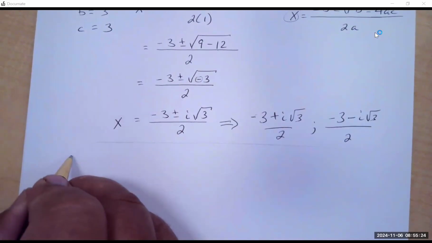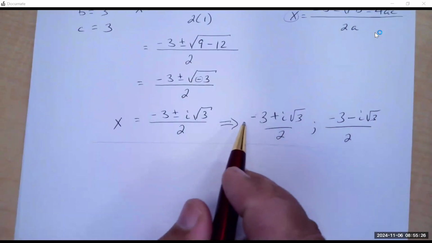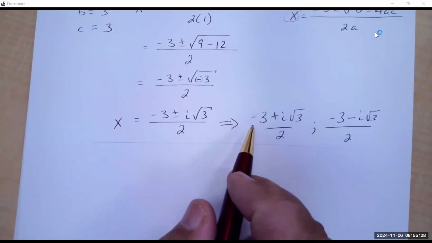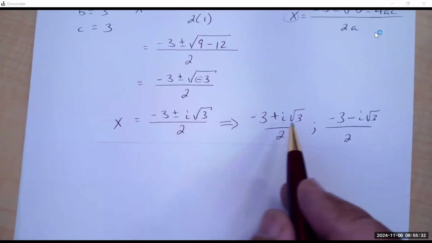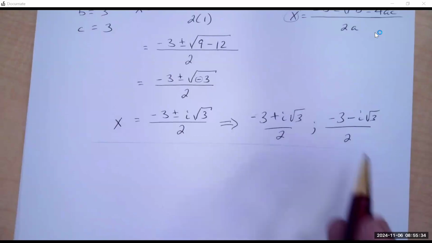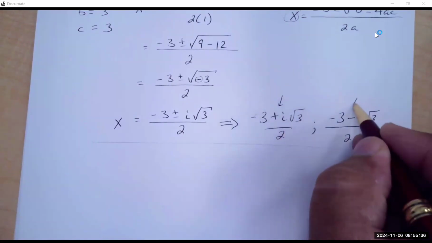So we know our answers can be imaginary, but it's important: these are complex conjugates. The sign between them has changed.